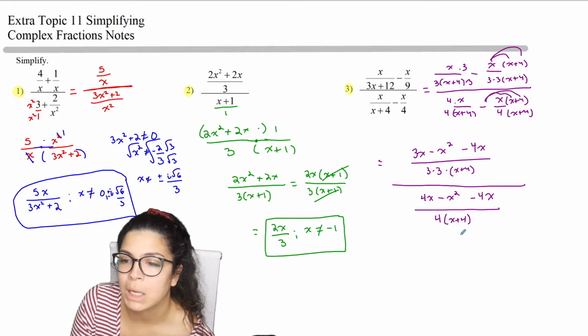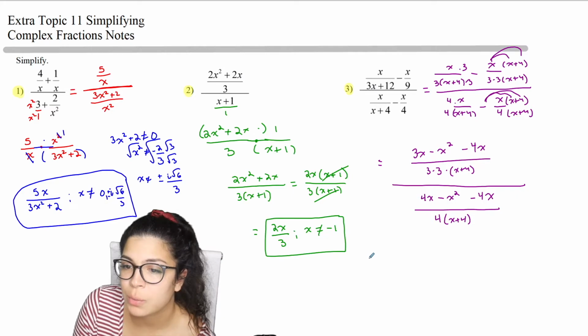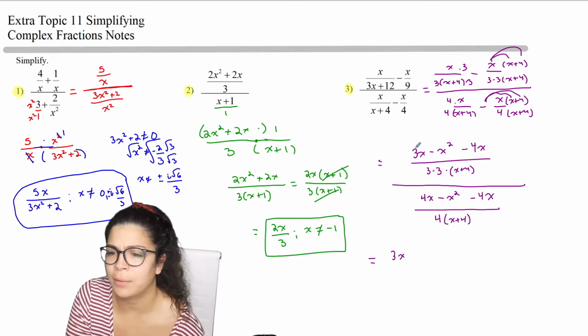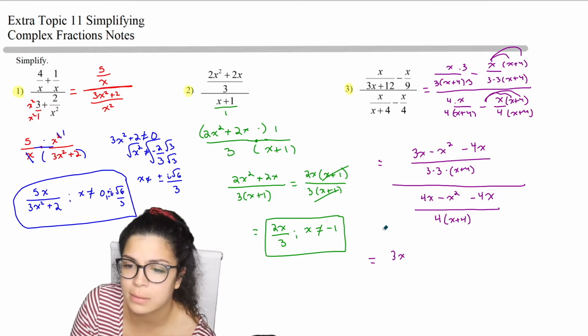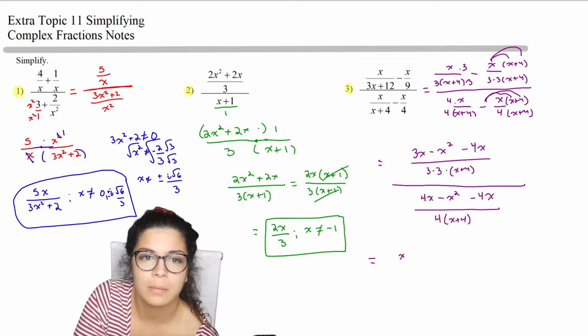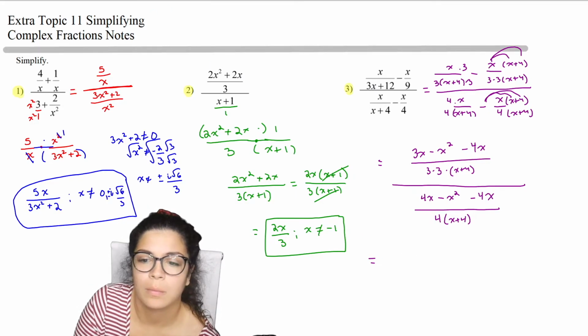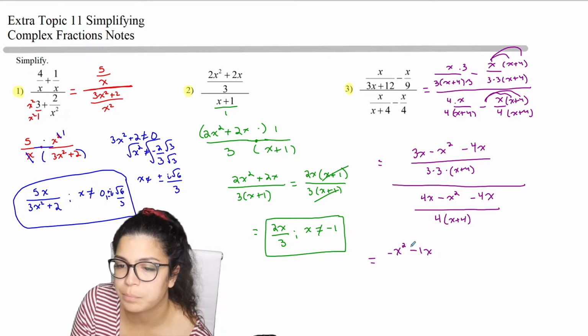Okay. Now let's change this division to multiplying the reciprocal. So we have 3. Actually, while I write this out, I'll simplify. 3x minus 4x is negative 1x. And negative x squared, of course, is just negative x squared.